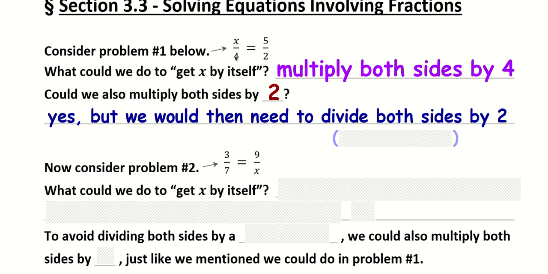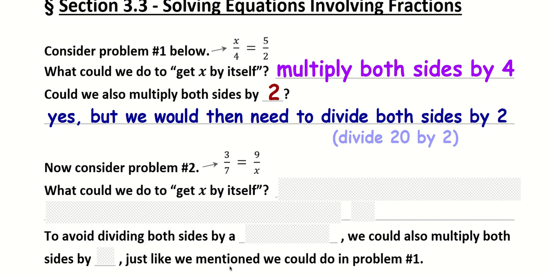So the 4 would get multiplied over here to the 5, and the 2 would get multiplied over here to the x, right? But then by the end of it, to get x all by itself, we would need to divide both sides by 2, which would end up being 5 times 4 and then divided by 2.